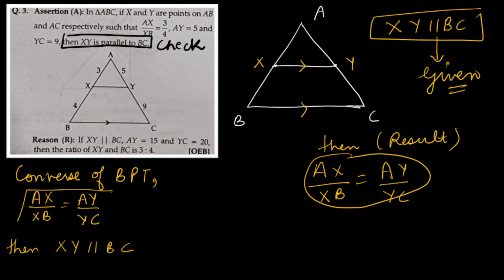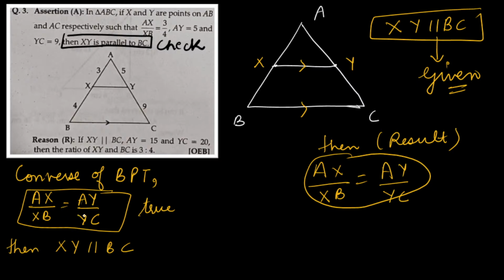So if this result is true, if the ratio AX by XB is equal to AY by YC, then XY will be parallel to BC. So we can check. Now in this question we have to use the converse of BPT.